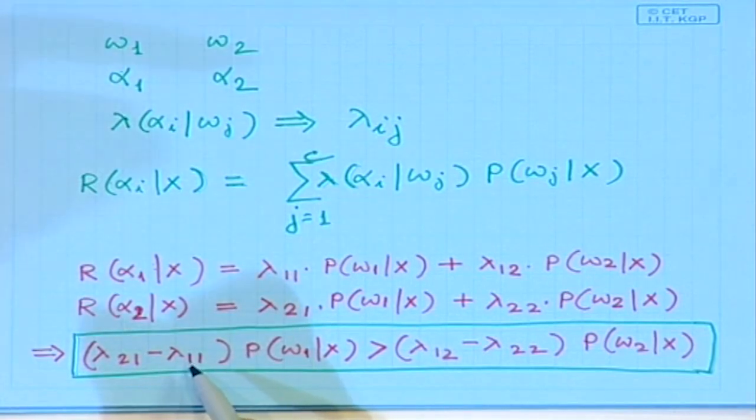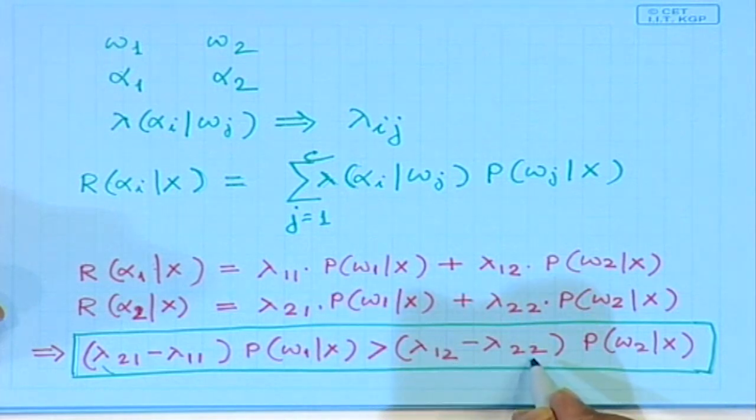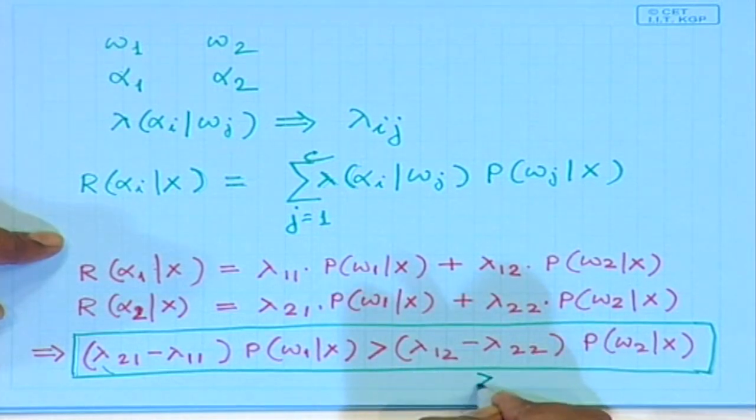Ideally, this should be equal to 0 because the action is correct. Similarly, lambda 1 2 is much greater than lambda 2 2, because this is also the loss incurred for taking wrong decision, whereas lambda 2 2 is the loss incurred for taking a correct decision. So, you find that both of these, lambda 2 1 minus lambda 1 1 and lambda 1 2 minus lambda 2 2, will be positive or greater than 0.